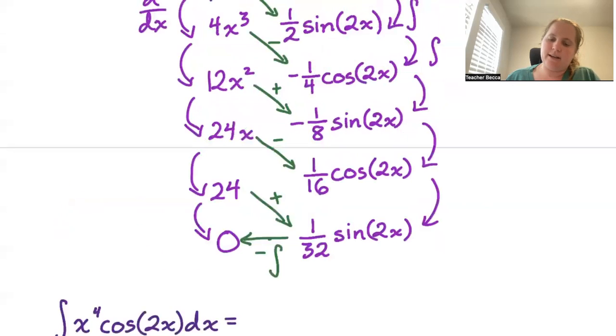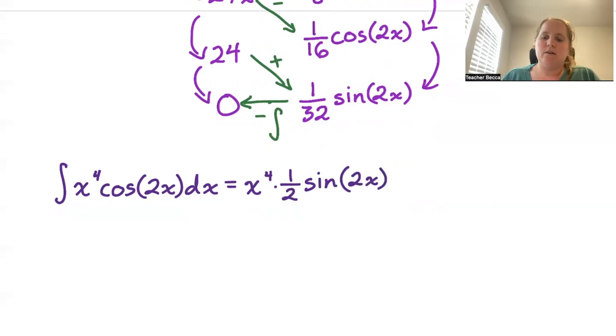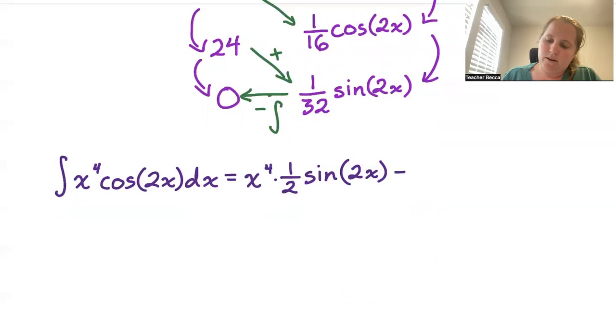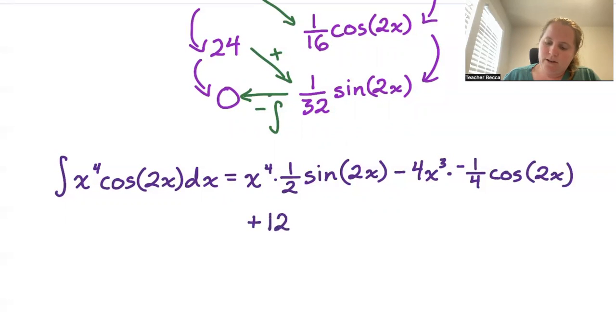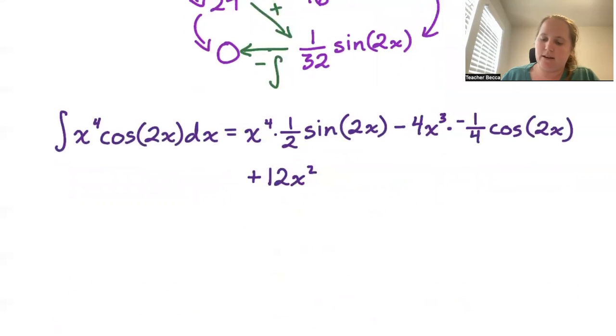is, our first diagonal was positive x to the 4th times 1/2 sine of 2x. Then our next diagonal, we are subtracting a 4x cubed times a negative 1/4 cosine of 2x. From there, we are adding a 12x squared, on the third diagonal, a 12x squared times a negative 1/8 sine of 2x.